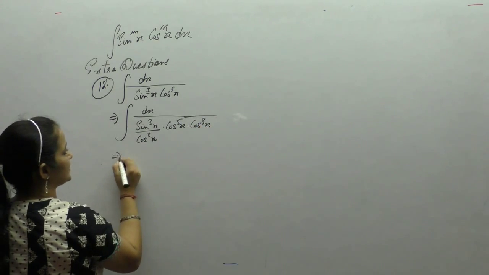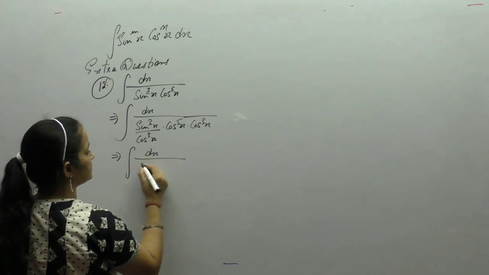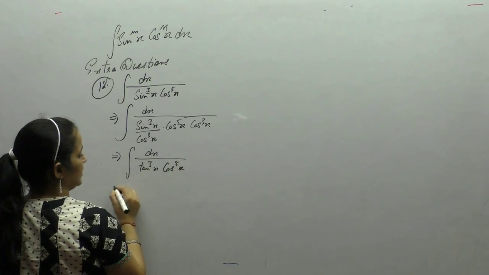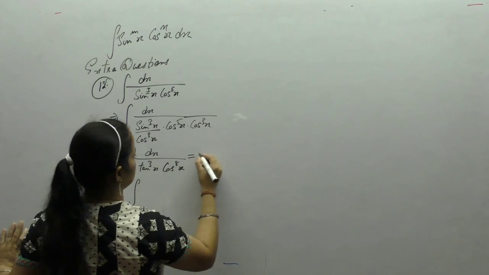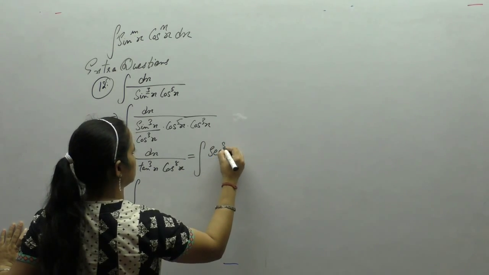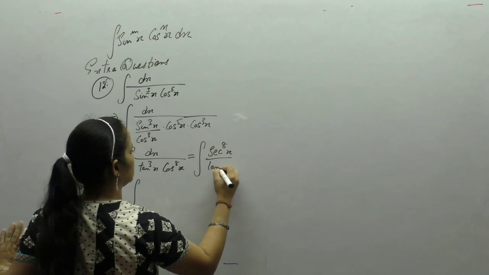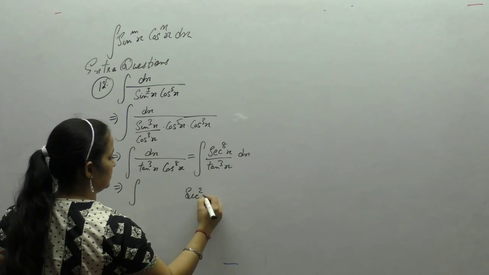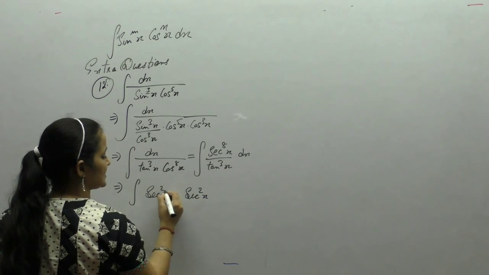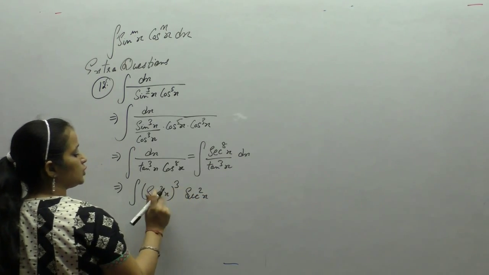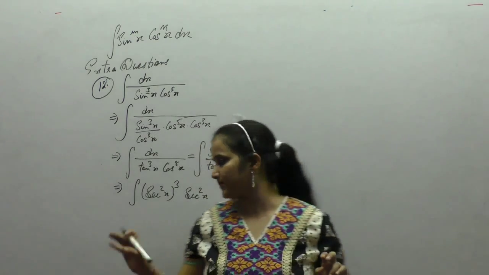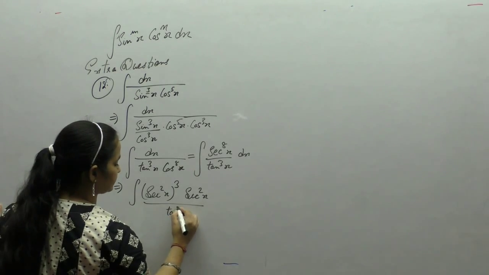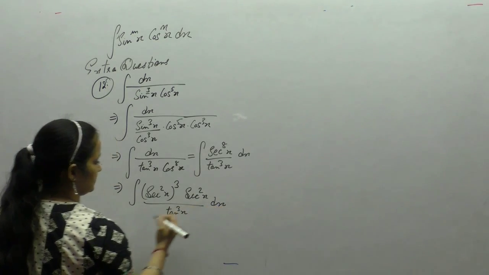Sine upon cos is tan. Cos powers will add up, 1 upon cos is sec. Write 1 sec square as it is and power 6 as sec square x cube. 2 into 3 is 6 and 6 plus 2 is 8, upon tan cube x dx.